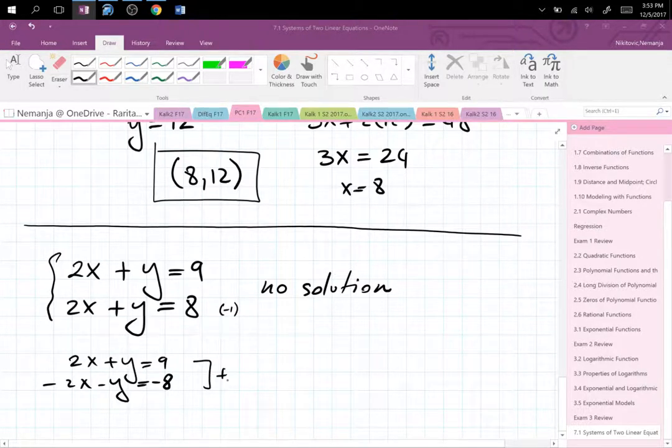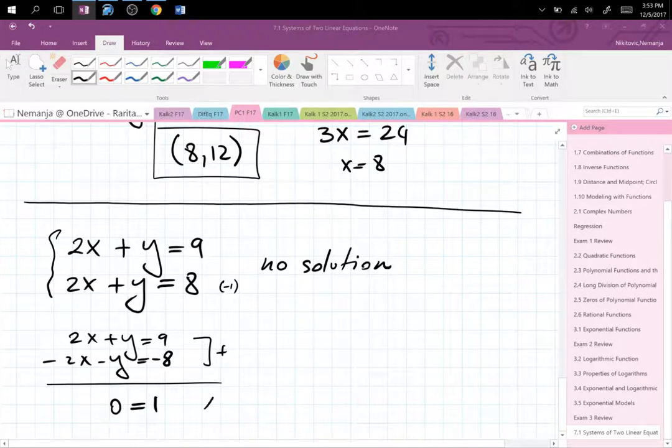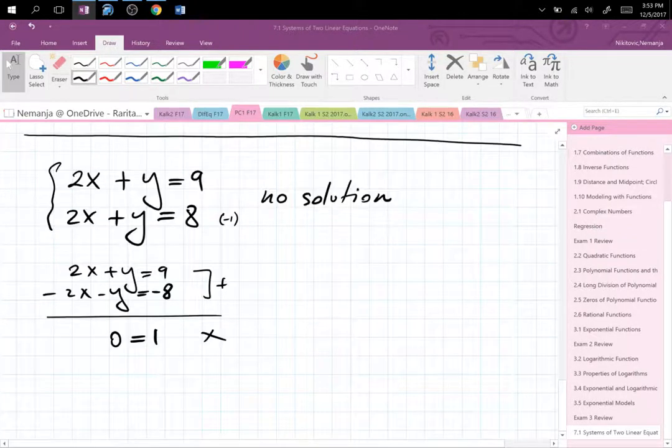When you add them, what do you get? 0 equals 1. So these lines have the same slope of -2. But they have a different y-intercept. So if you have two different y-intercepts and you have the same slope going through those intercepts, clearly they cannot intersect. So no solution.